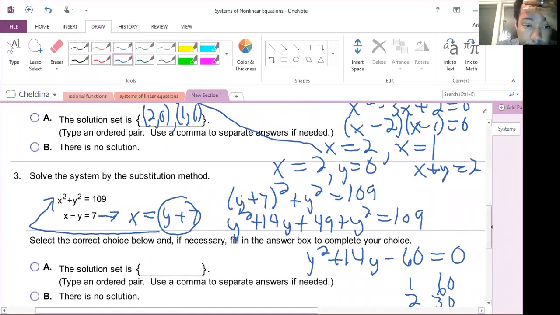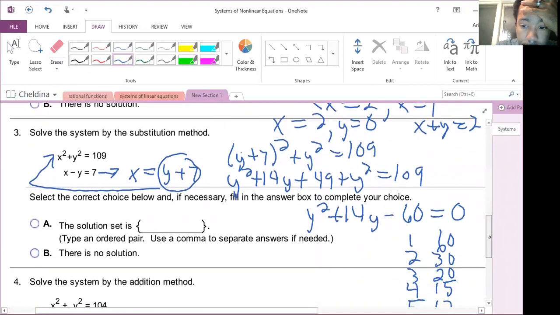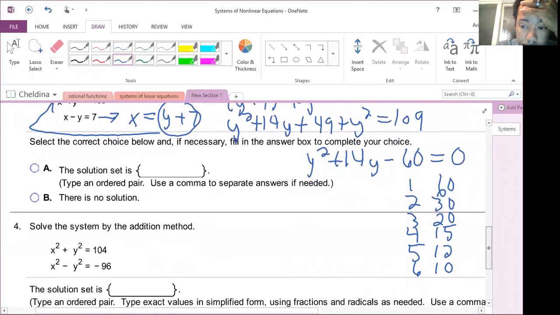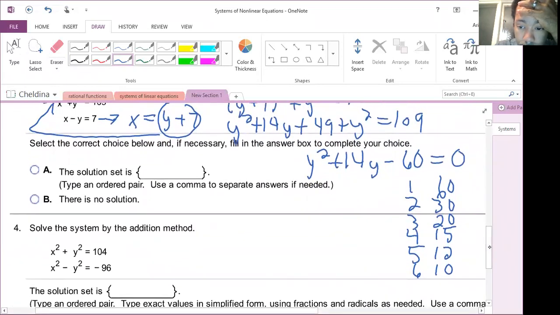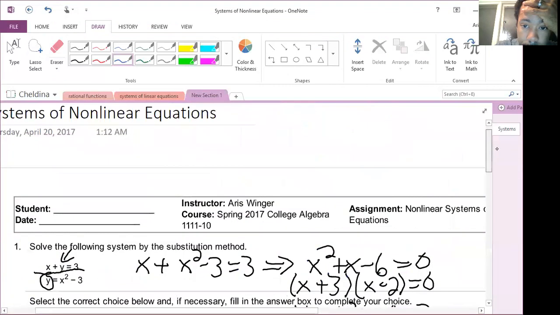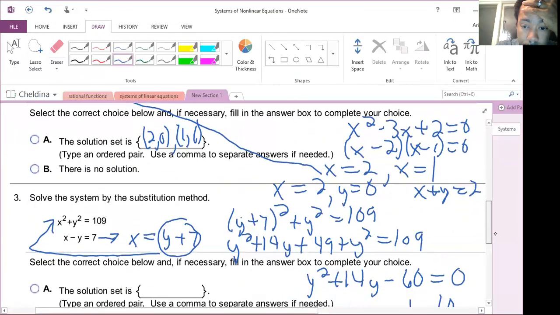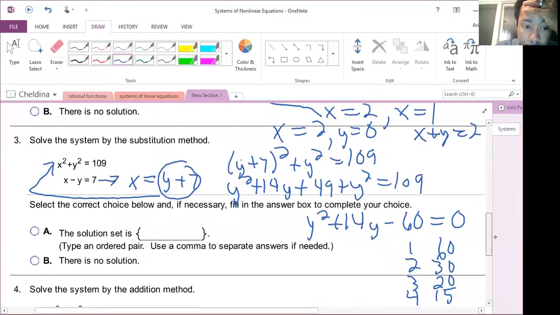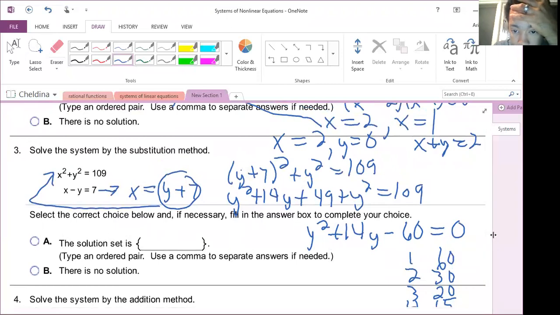So let me see if I made a mistake. Oh, it's 2y squared. There's a y squared and there's a y squared.